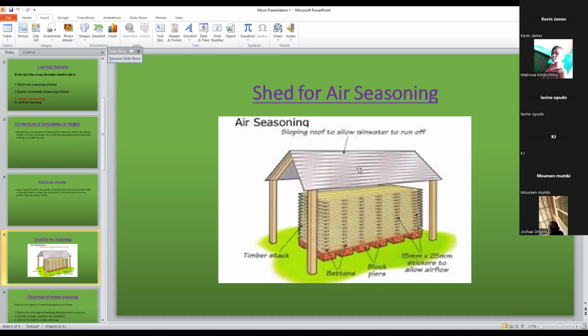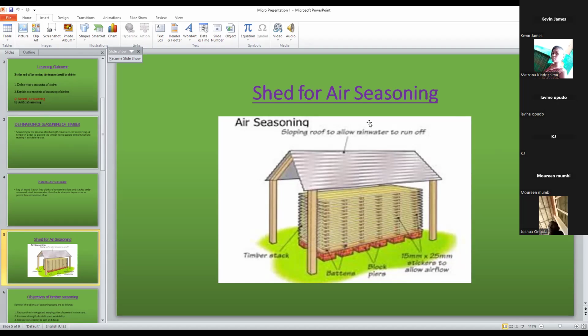As for timber struts, we can discuss the function. As you can see, timber struts ensure that there's free circulation of air in between the timber. Then down there, you can see battens. Battens are long, narrow strips of wood placed horizontally between layers of wood. They ensure that there's enough space in between the timber struts.